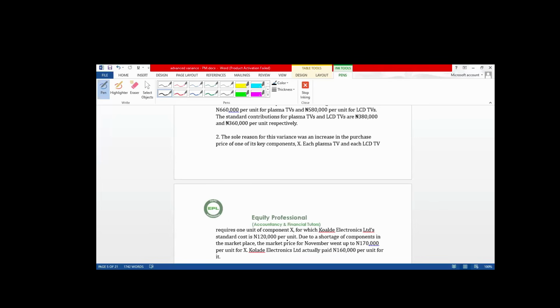Due to shortage of components in the marketplace, the market price for November went up to 170. That means this standard cost of 120 is no longer valid. It has become outdated.